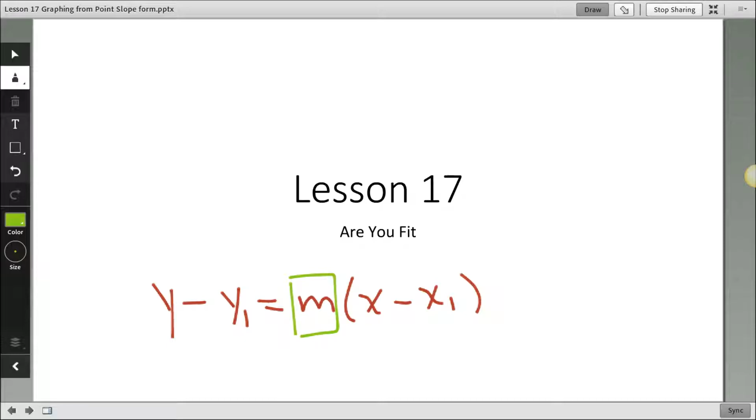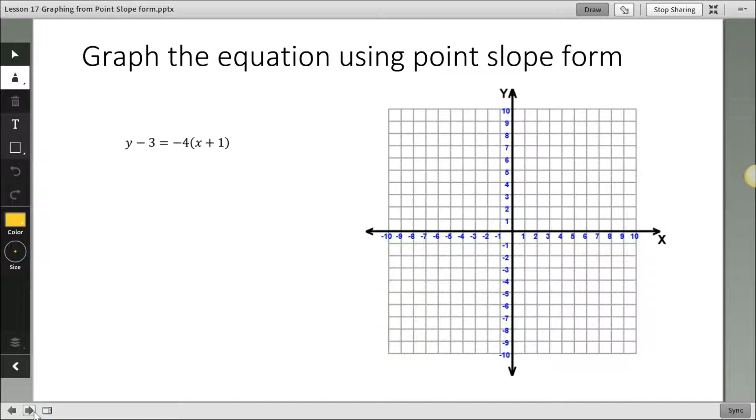That's how we're going to move from point to point. And then we're going to pull this point right here out of the equation as our starting point. So we're going to plot x1, y1 first, then we're going to use the slope to find other points. So let's take a look at a couple of quick examples, and this should be it.